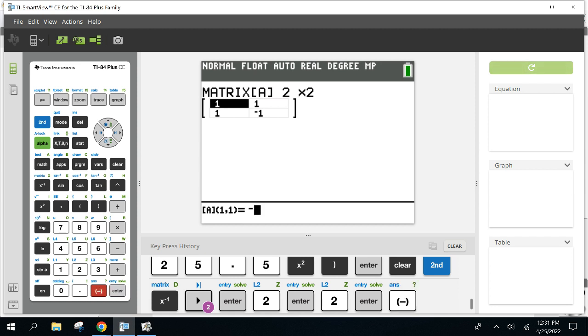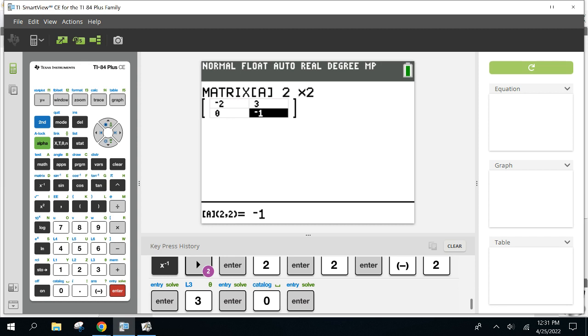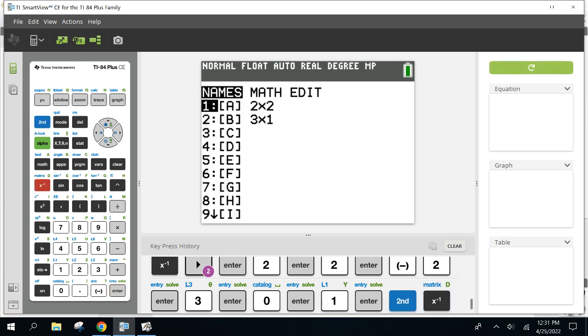So take matrix A right now, and let's fill it in. So -2, enter. Just make sure, the only thing I worry about, just make sure what's highlighted is the actual number that's supposed to go in there. 0 and 1. All right, so just make sure matrix A is all good. And we also do have to build another one, matrix B. So go back to second matrix again. And then some of you can see already there, hey, matrix A is a 2 by 2, which I just put in there.